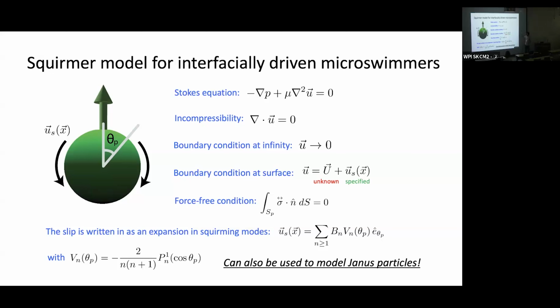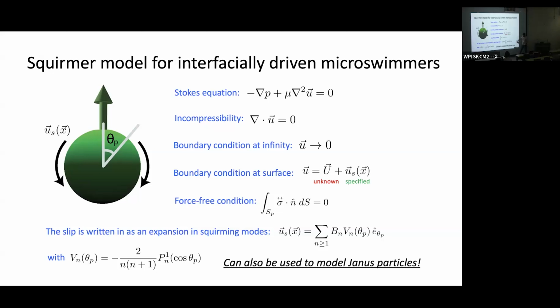So whatever US you give me, you can always find a unique spectrum of squirming mode coefficients Bn, where we get B1, B2, B3, and so on. Alternatively, you can just specify directly B1, B2, B3. A lot of people do that in this literature. They just simply say, okay, B1 is something, B2 is something, and they go from there.